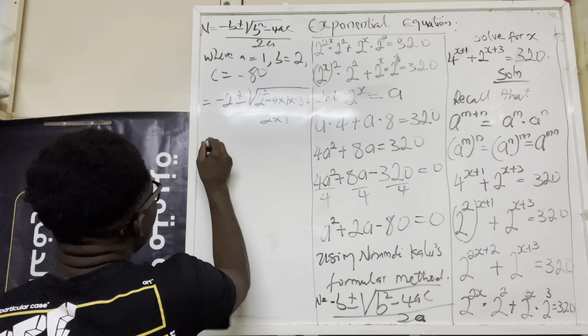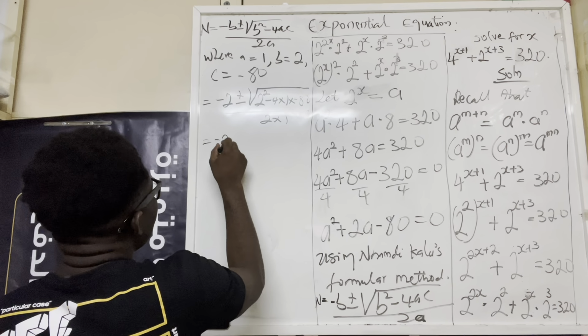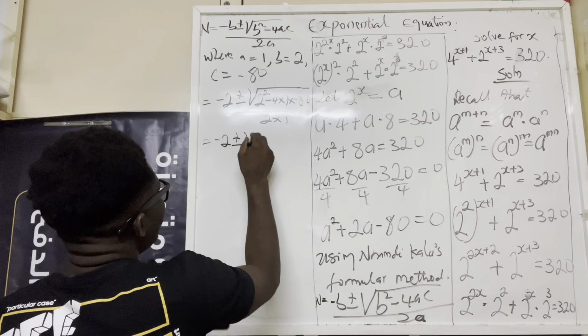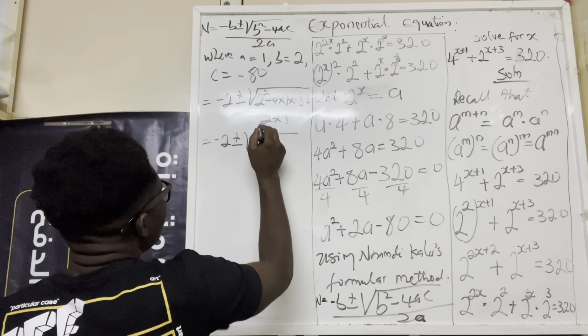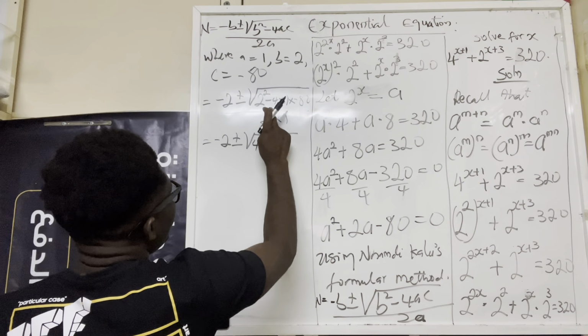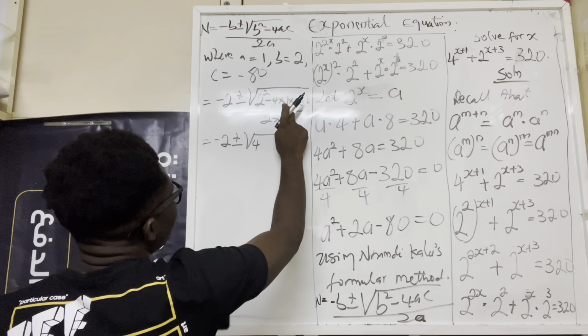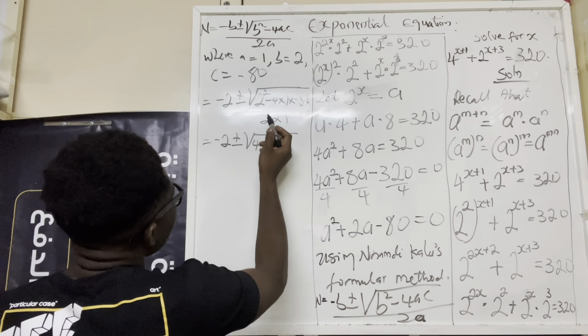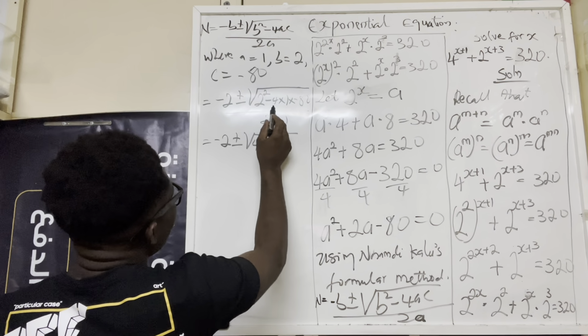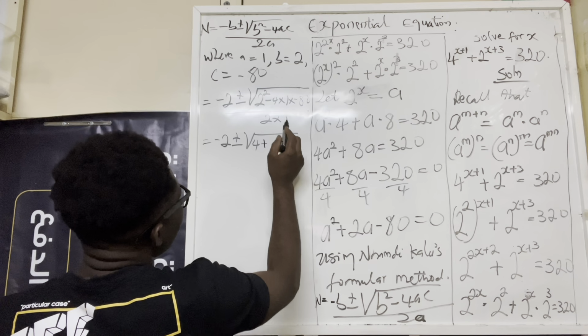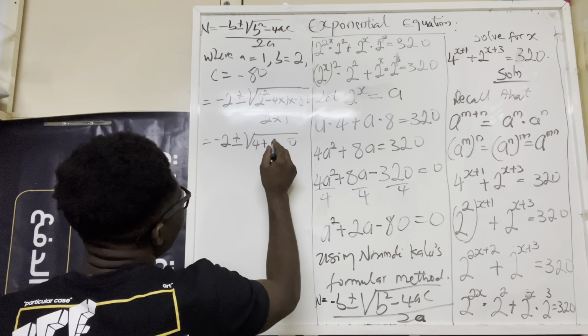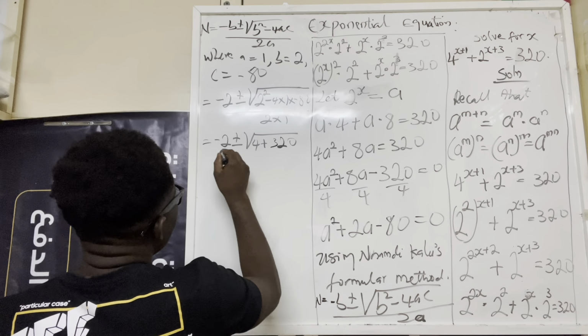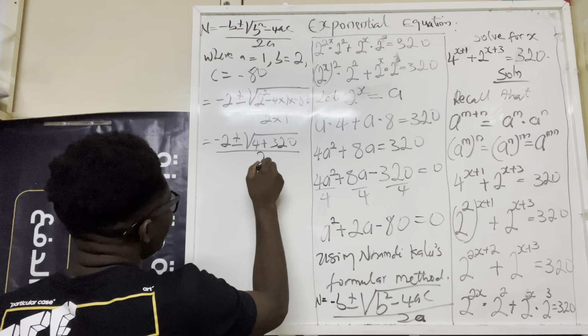So from here, you have minus 2 plus or minus the square root of 2 times 2, which is 2 squared, is 4. Minus 4 times 1 is minus 4. Minus 4 times minus 80 is plus 4 times 0 gives 0, and 4 times 8 is 32, which is 320, all over 2 times 1 is 2.